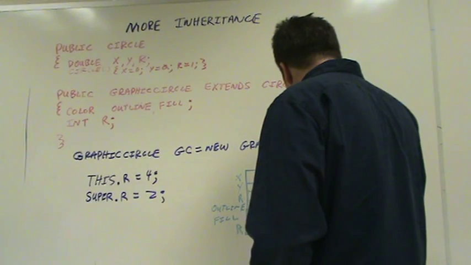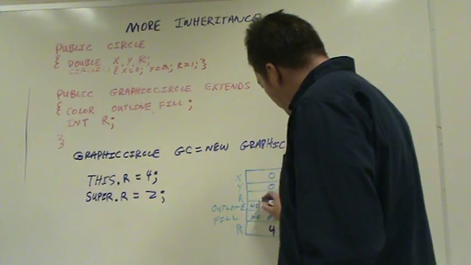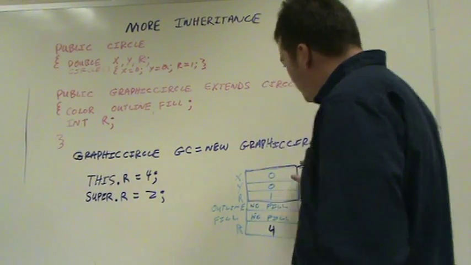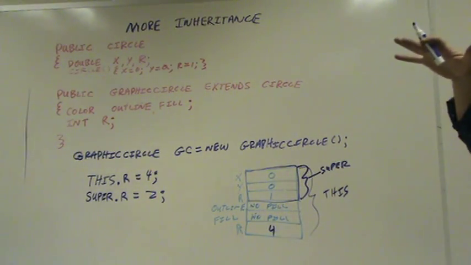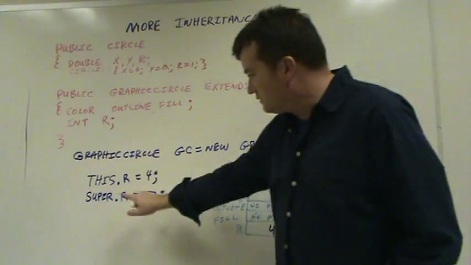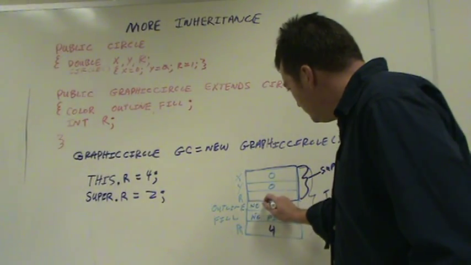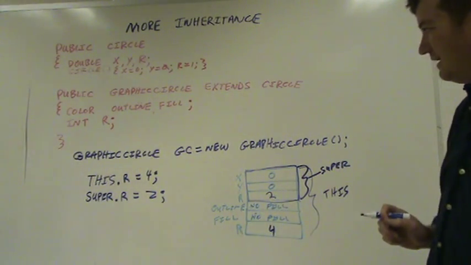This is super. Only these three are considered the super component, the superclass component of the circle. That's the X, the Y, and the R. If you say the super's R is 2, you're actually doing this. You're making that part 2.